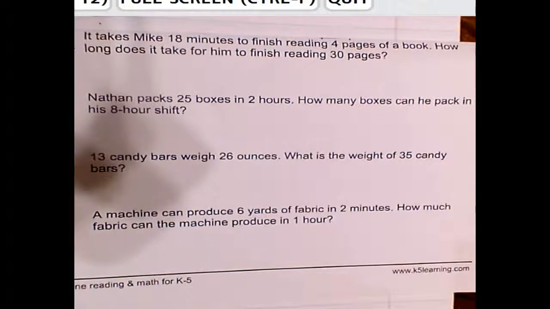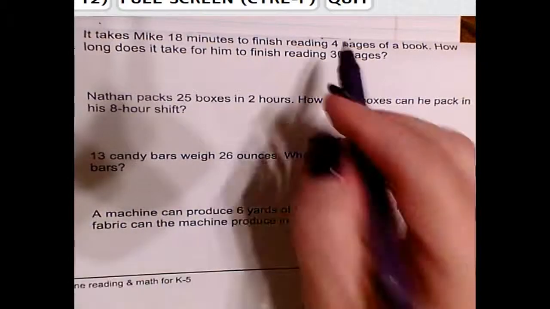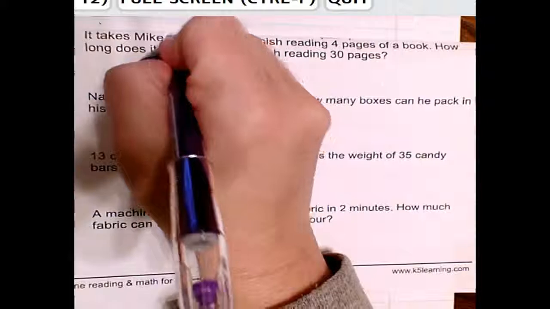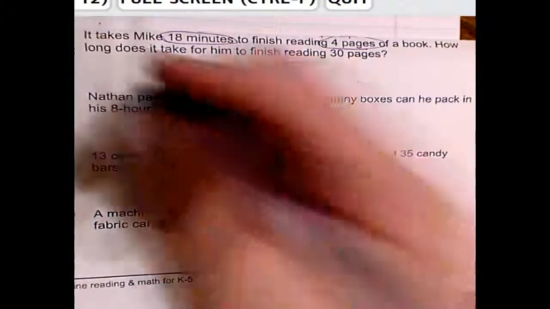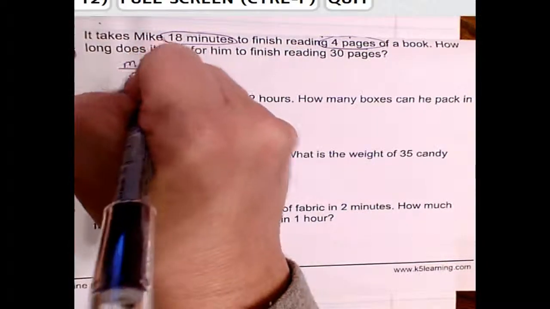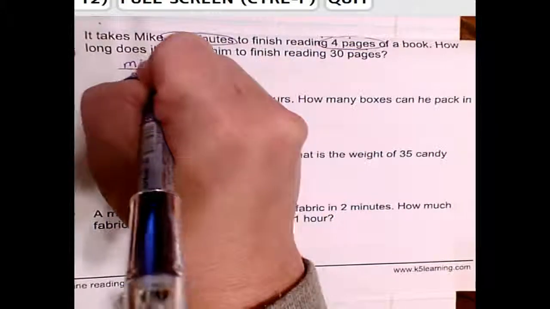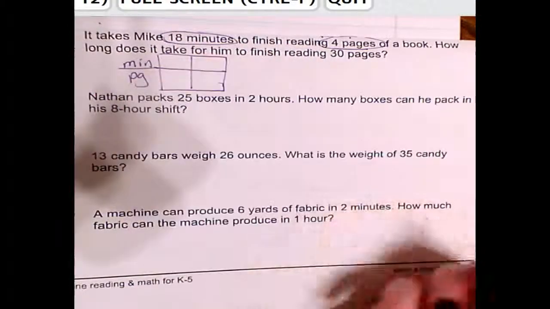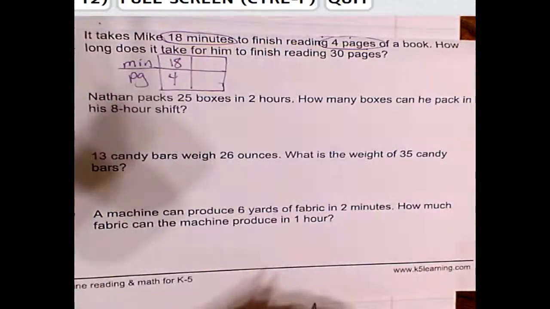Okay, now we're going to go on to the third one. It takes Mike 18 minutes to read 4 pages. So we'll talk about minutes and pages. Minutes, pages. 18 minutes, 4 pages.